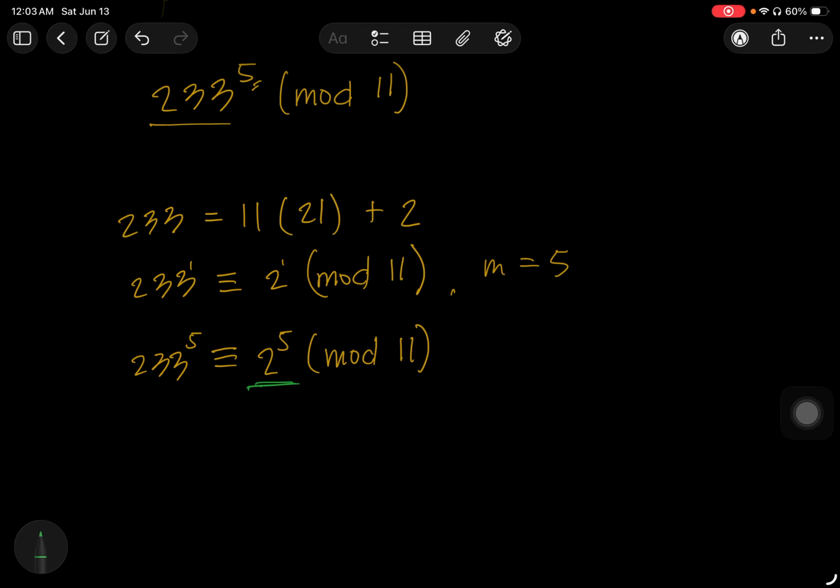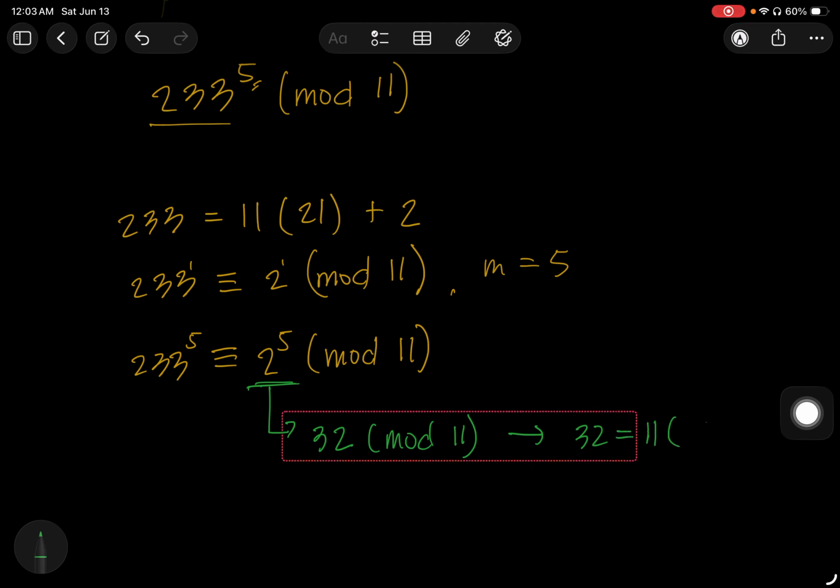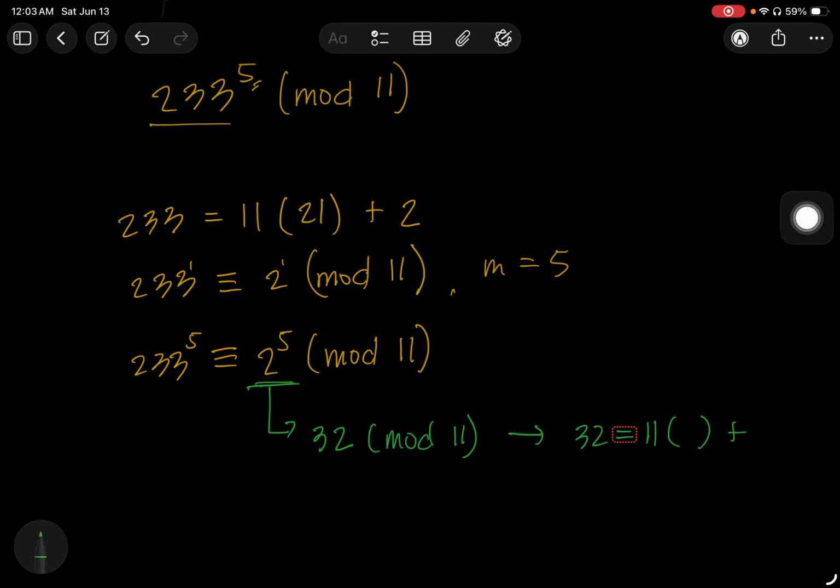So with that, we can evaluate 2 raised to 5. This will give us 32, mod 11. Then let's perform the division algorithm. 32 is equal to 11 times something plus something. We can use only 2.